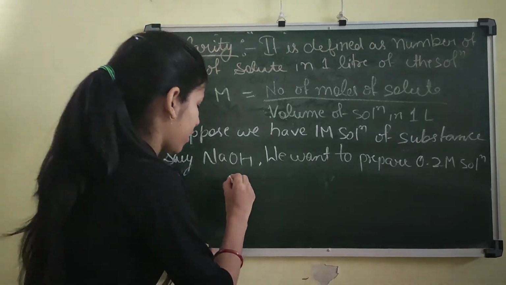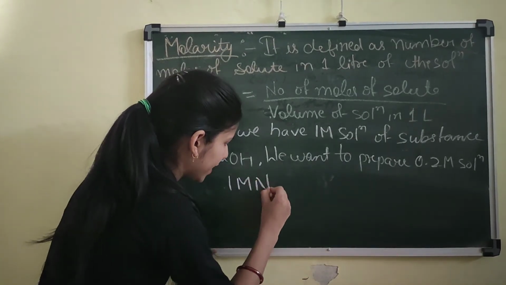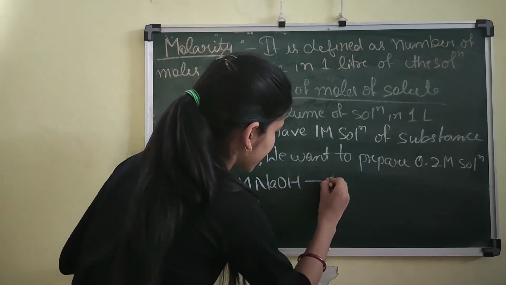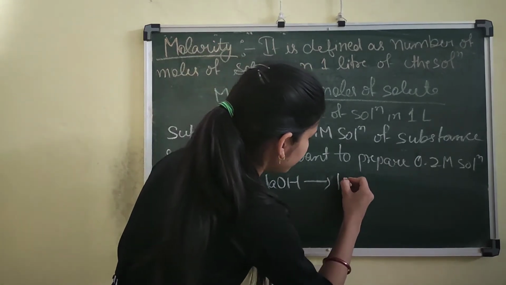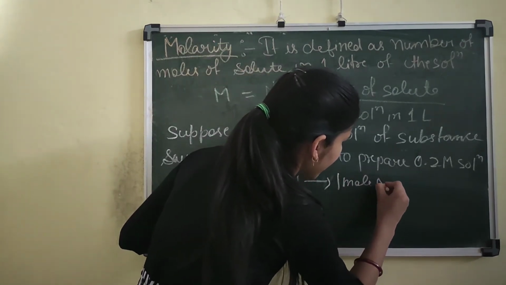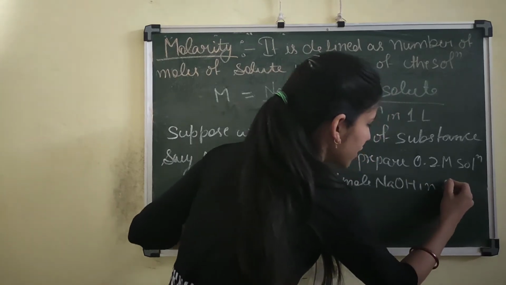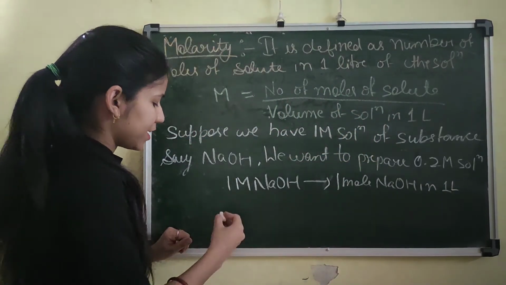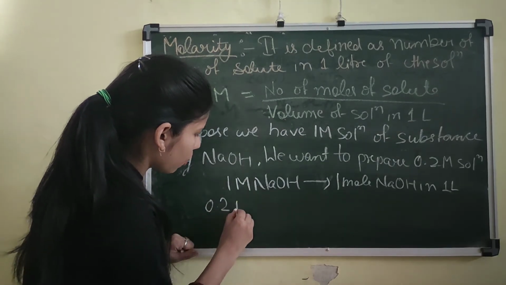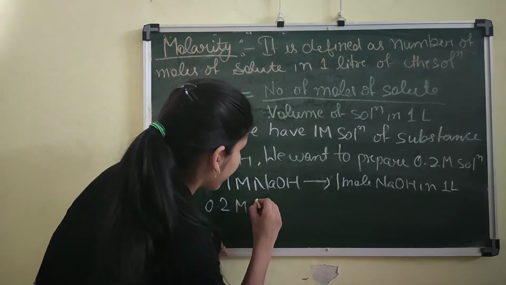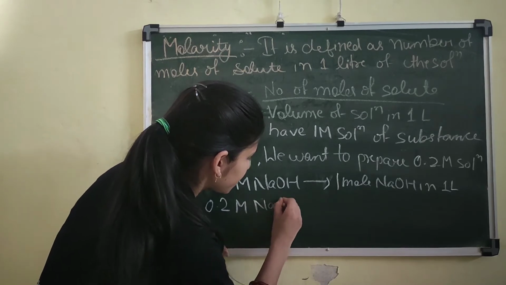So 1 mole of NaOH represents 1 mole of NaOH in 1 liter of solution. And now we prepare 0.2 mole of NaOH.